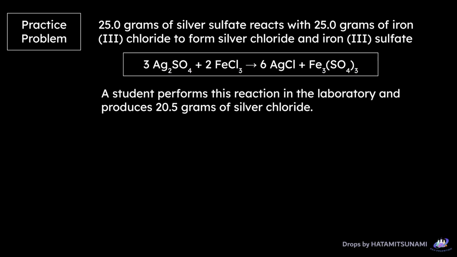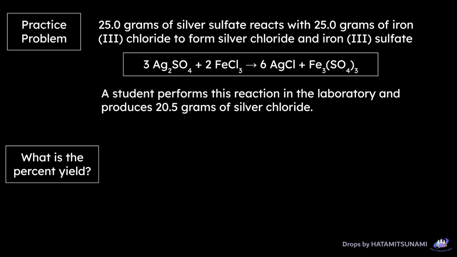So to solve one of these problems, we need some additional information. In this example, they're telling us that a student performs this reaction in the lab and produces 20.5 grams of silver chloride. So the 20.5 is going to be the actual amount that was produced when someone performed this reaction.